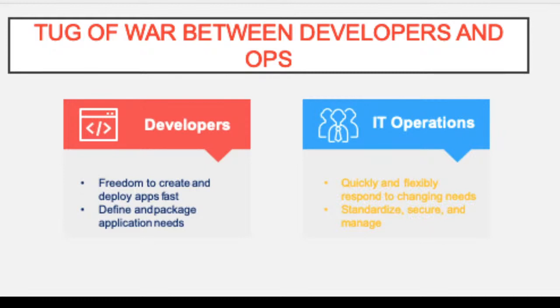When you look at IT operations, they need to respond quickly and flexibly to changing needs. Also, things need to be standardized, secure, and managed. So when you want to do all of these things, we will make use of what is called Docker.